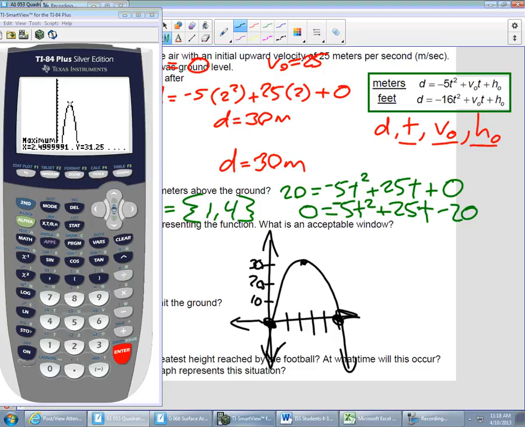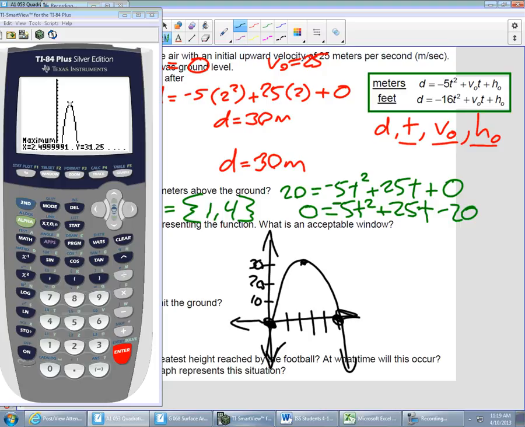All right. Now the problem also asks for an acceptable window. This is a typical type of problem I'm worried about for the test, of course. This is very similar. Asking about an acceptable window is the same thing as asking about a reasonable domain or a reasonable range. Parabolas continue infinitely, but the problems that they are related to do not continue infinitely.